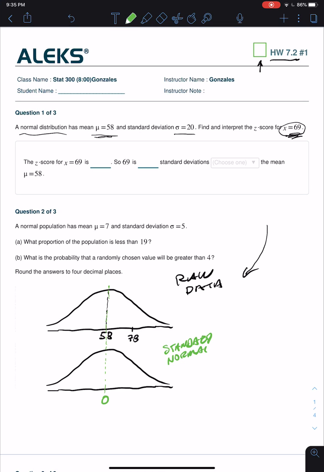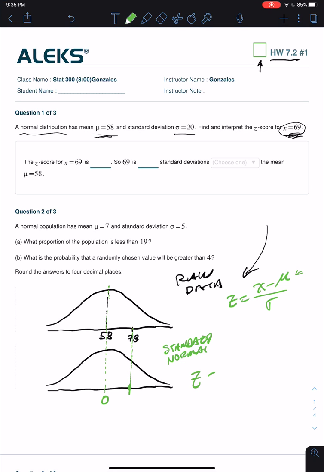So, in fact, if we used our formula, z equals x minus the mean over the standard deviation, and we use 58 minus 58, it's going to put a 0 in the numerator, so we'd get 0. But let's go ahead and calculate this raw value and see what that would be.